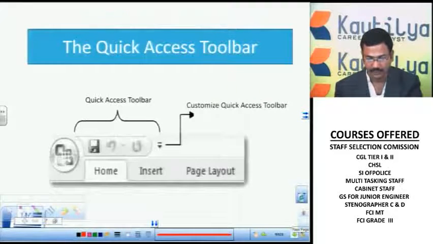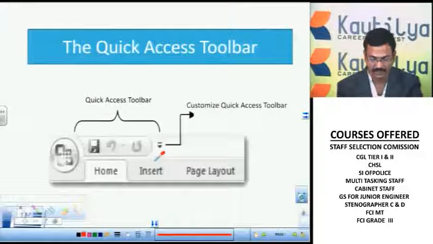Then you can make use of customization, which is done with the help of this particular button, and you can decide how many tools you want to place in this quick access toolbar. If I open this button, you are given a list of items.